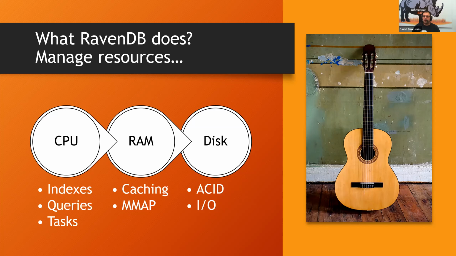For example, memory allocations, which is very prevalent in many .NET code paths, is something that we heavily frown upon. Now, the question here is, why do we frown upon that? Why is memory allocation a problem?